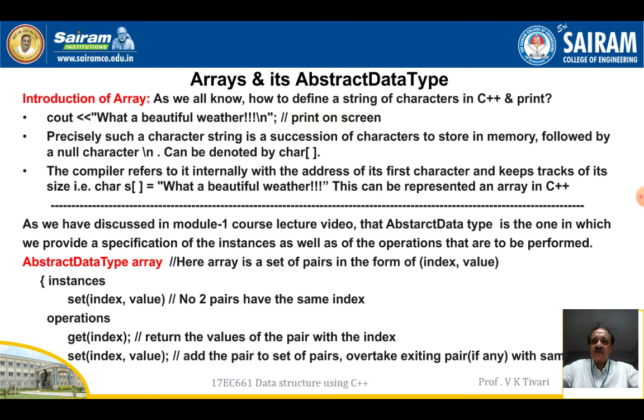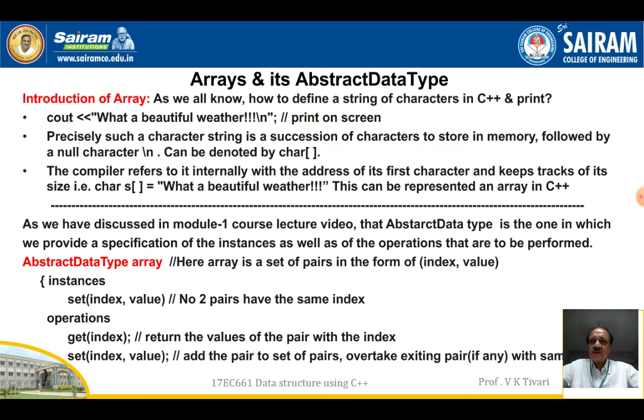As we have discussed in the module 1 lecture video, an abstract data type is one in which we provide a specification of the instances as well as of the operations that are to be performed. Abstract data type array: it has to be in the form of index and value pairs.